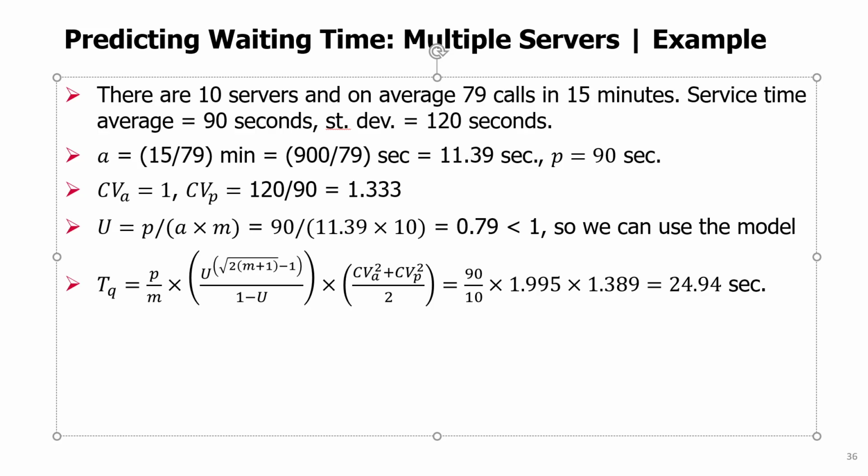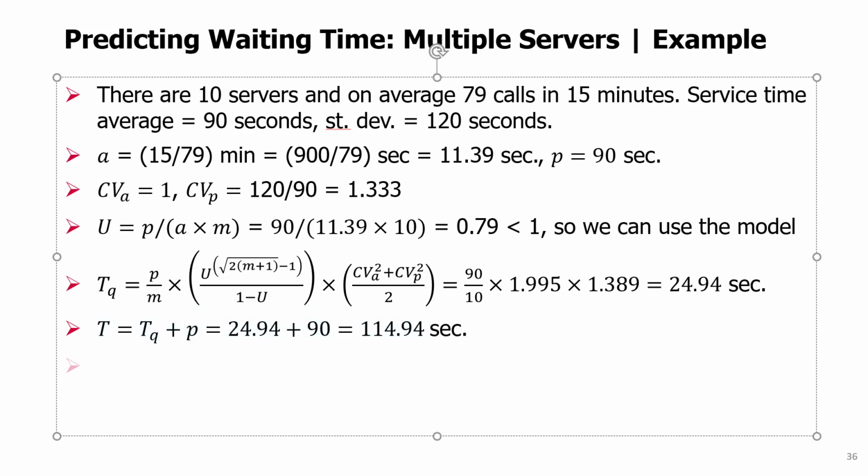We can calculate other things. We can calculate the total time in system as TQ plus processing, as before: 24.94 plus 90, which will be 114.94 seconds.